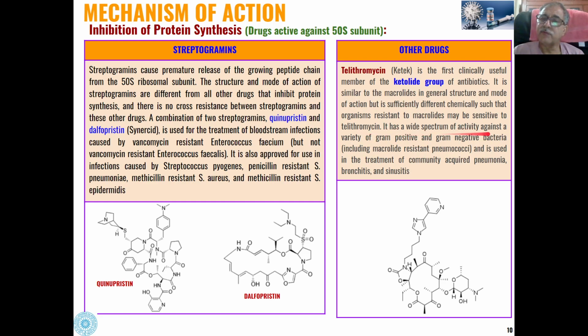It has shown a wide spectrum of activity against a variety of gram positive and gram negative bacteria, including the resistant pneumococci, which are not affected by macrolides. And they are used in treatment of common community acquired pneumonia, bronchitis, and sinusitis.